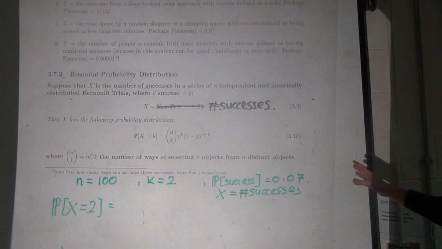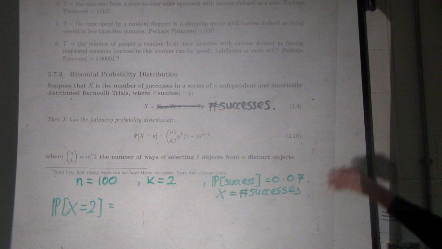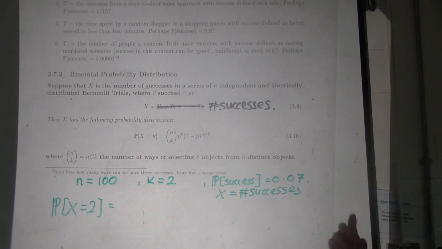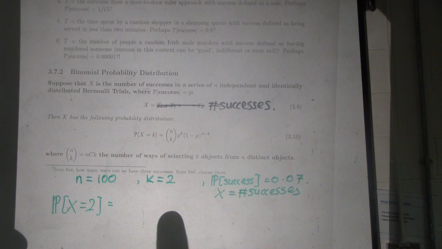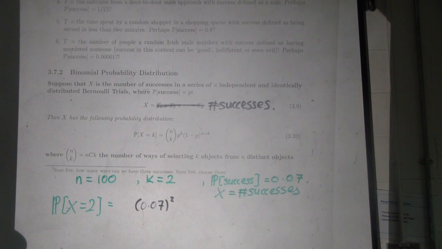The or is always going to be plus here, and the and is going to be multiplied. Even though these questions are technically harder, there's less tricky bits in them. So if we had success and 98 failures, we should be multiplying probability of success by probability of success, 0.07 by 0.07. So that would be 0.07 squared. And we would have fail and fail and fail and fail 98 times.